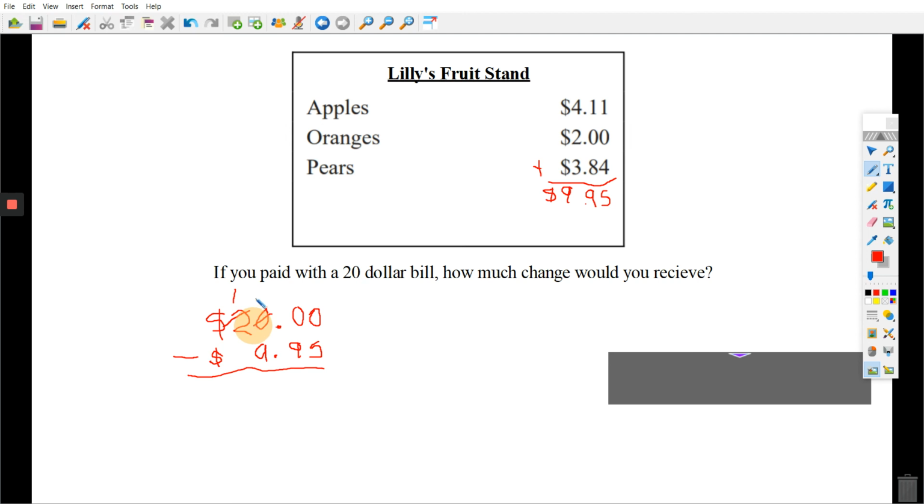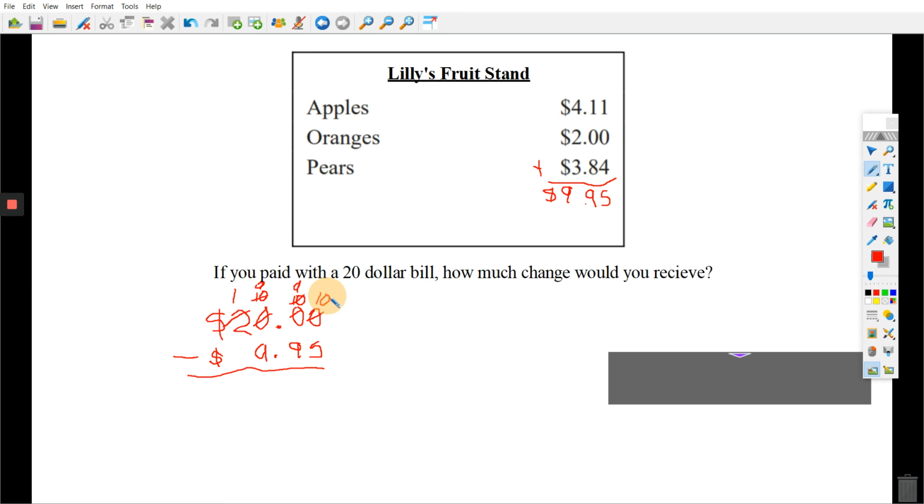This 0 becomes a 10. But remember, we still need to keep regrouping, so it becomes a 9. Again, this one becomes a 10. But since this one also needs to regroup, it becomes a 9. And the last 0 becomes 10. Now everybody has something to subtract from.